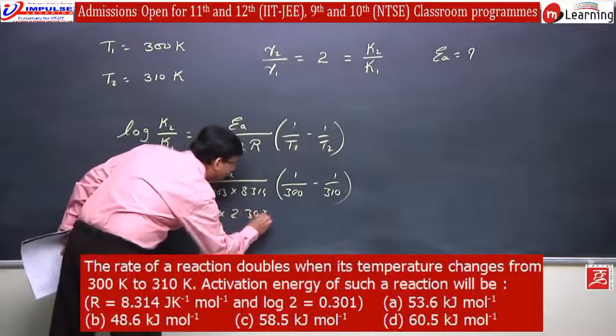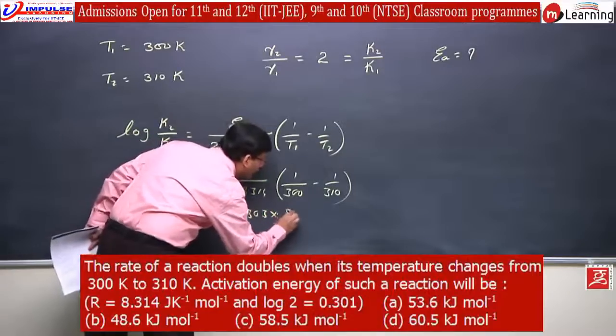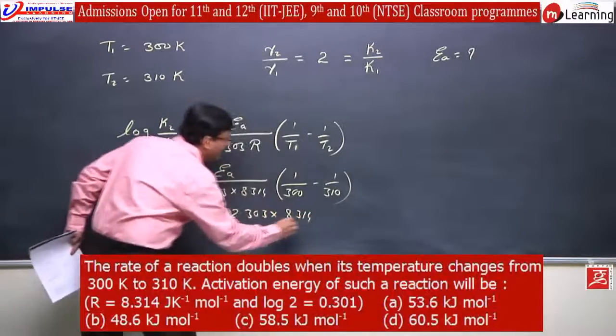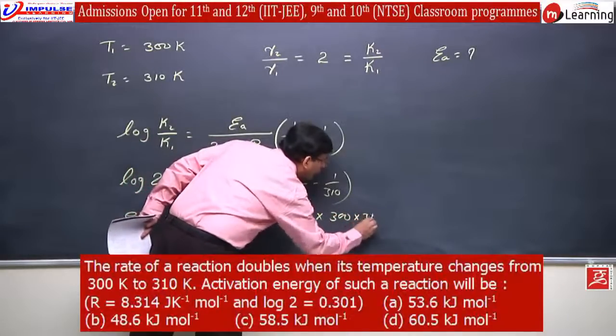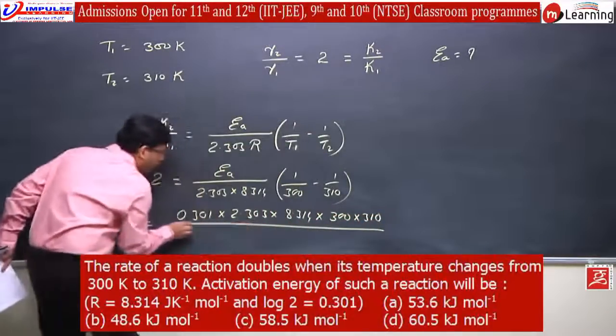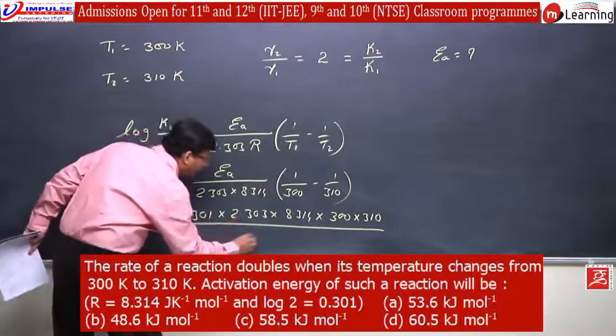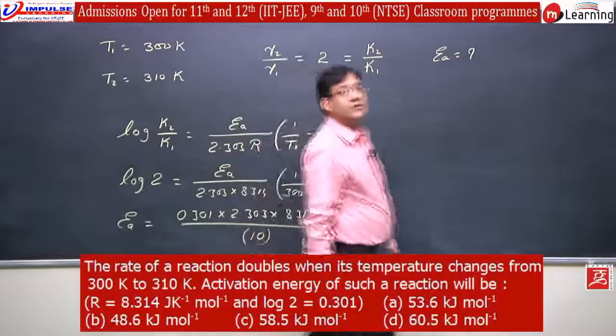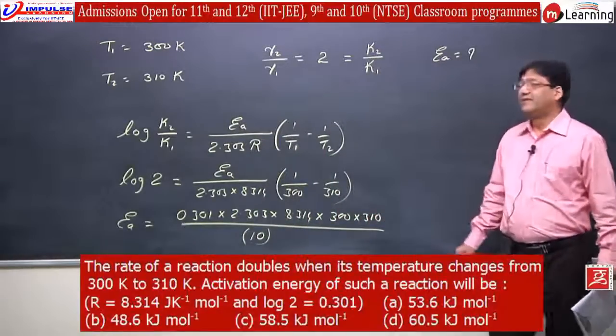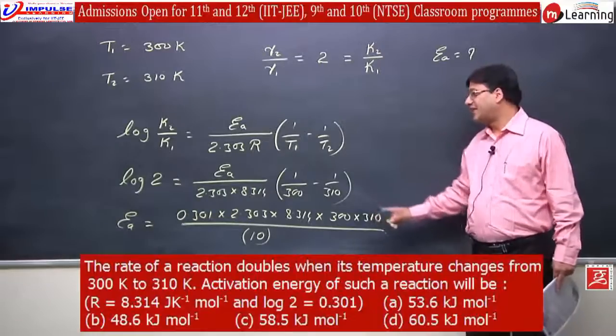Ea equals 0.301 into 2.303 into 8.314 into 300 into 310, whole upon 10. We can always write the expression for Ea in this manner.